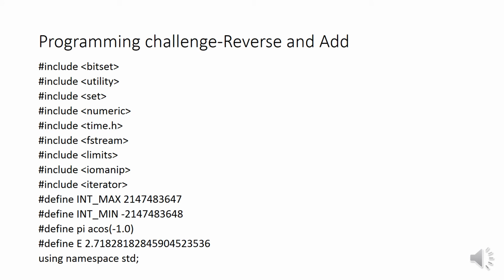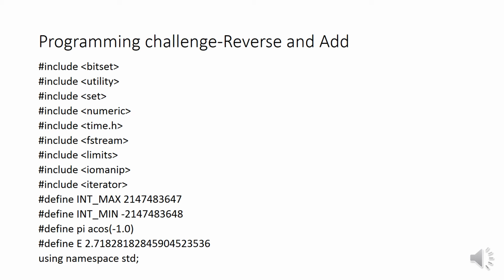So students, these are also include files: bitset, utility, set, numeric, time.h, fstream, limits, iomanip, iterator. We define here the integer max as well as integer min, EPS constant that is 1e-9, and also define E. But I think you do not need to include so many files.